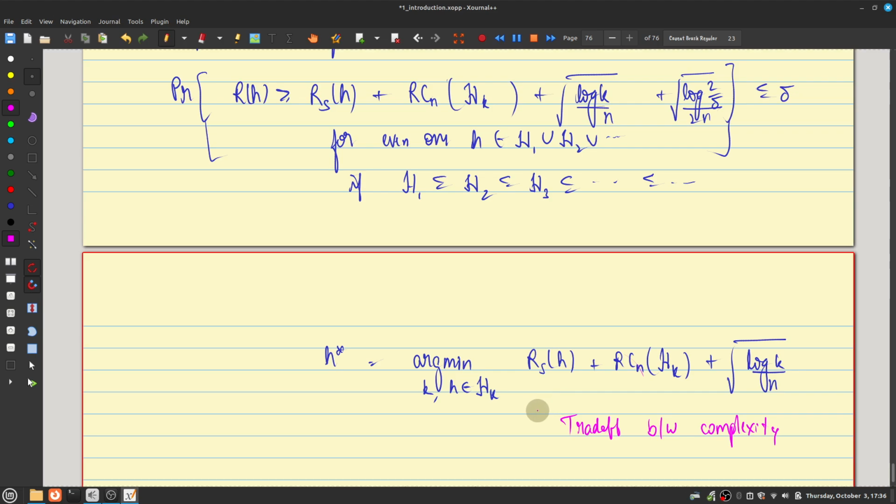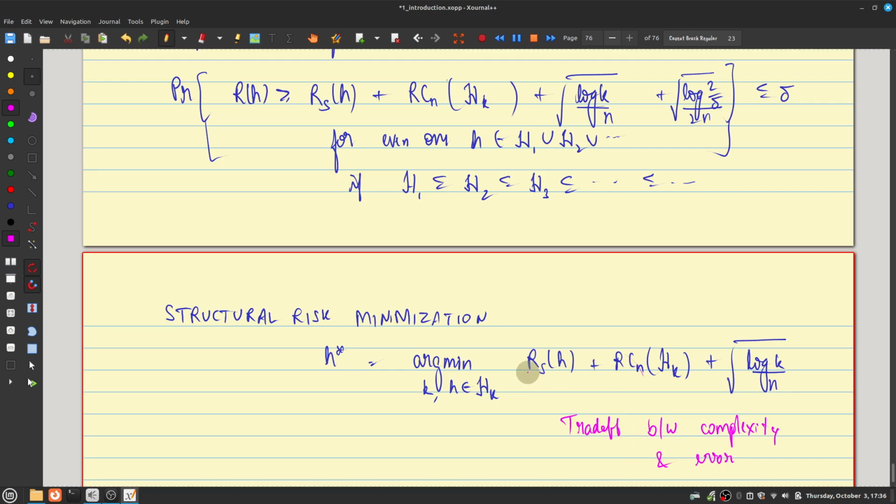Nothing more. That's the intuition behind choosing this. And this particular approach is called structural risk minimization.